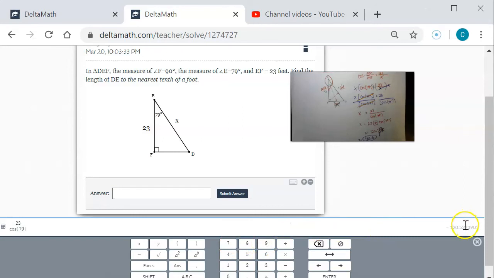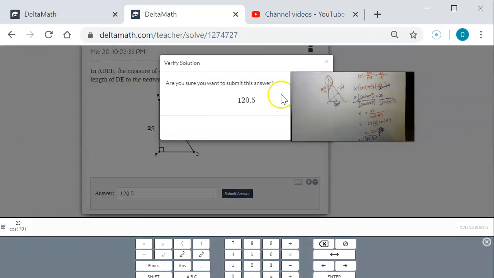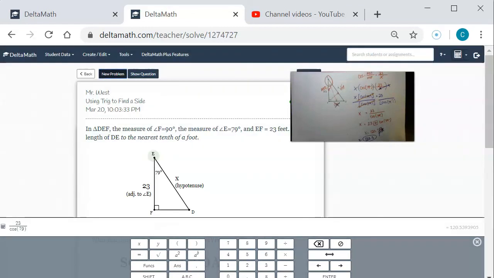And look, the answer is already over here. 120.53, which we don't have to round anything. It's just going to be 120.5. So I'm going to click up here on answer and type 120.5. Submit answer. Are you sure? Well, of course I'm sure. Click, and I get my big green check. And there you have it, all 4 calculators for cosine.